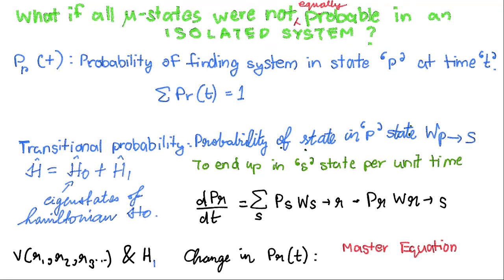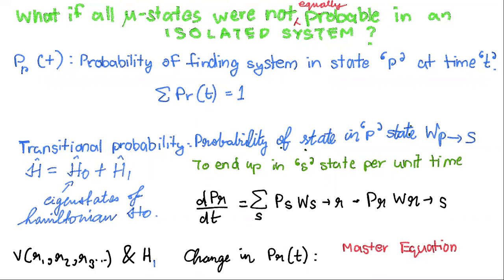So, the probability of the system going from state P to state S. Now, if we think about our system quantum mechanically, because all systems are quantum mechanical, you could say that the system is defined by some Hamiltonian H0, and the system is in one of the eigenstates.